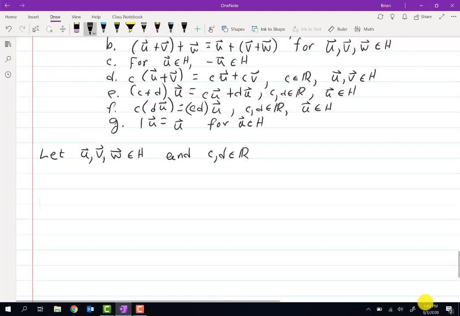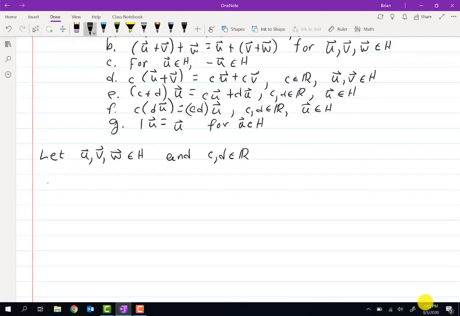So for part A, U plus V does equal V plus U because U and V are in V. That's a property that V has on its own.